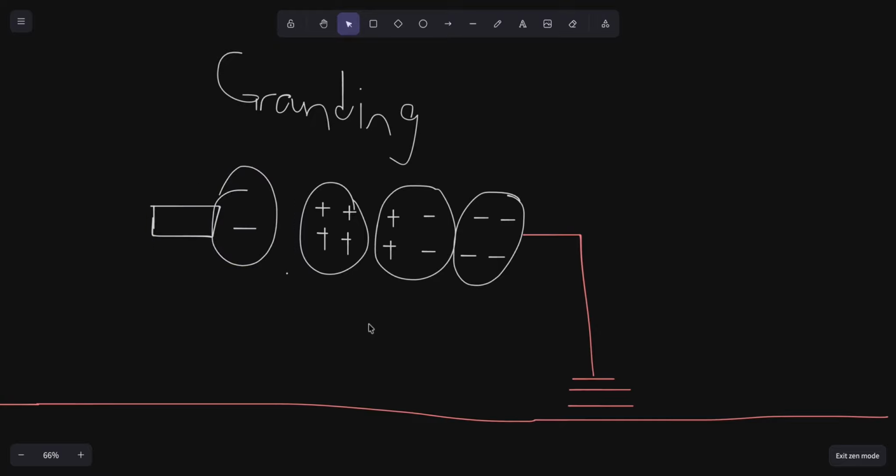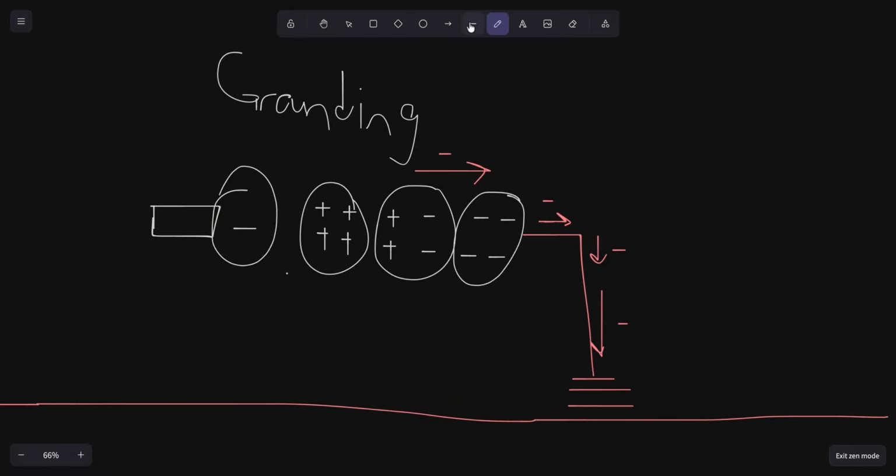So we're bringing it close, the positive goes here, but then the negative charges want to run away, right? The negative charges are running away from this negative charge because of repulsion. And so when you allow these negative charges to escape, you ground it to the earth, and these negative charges are just going to travel down this grounding.